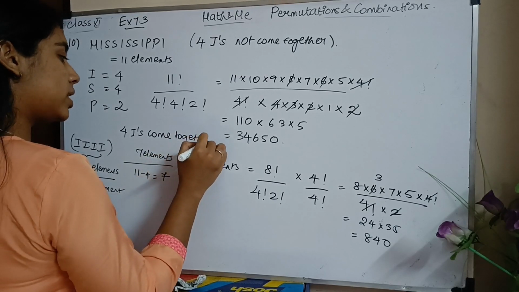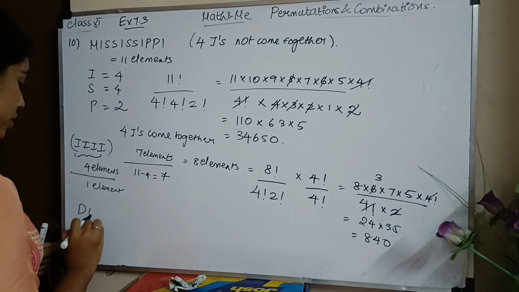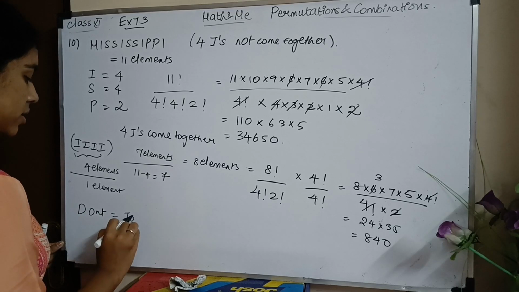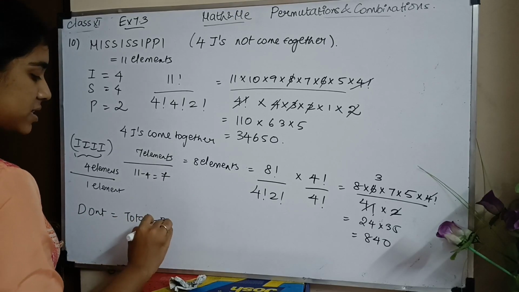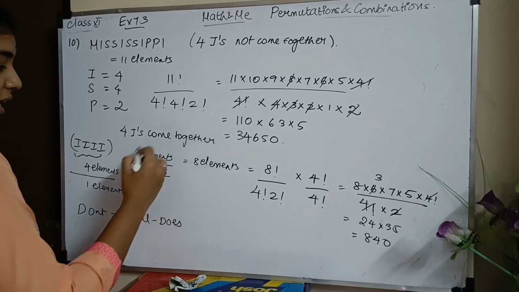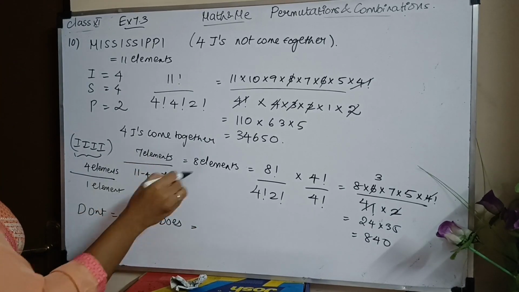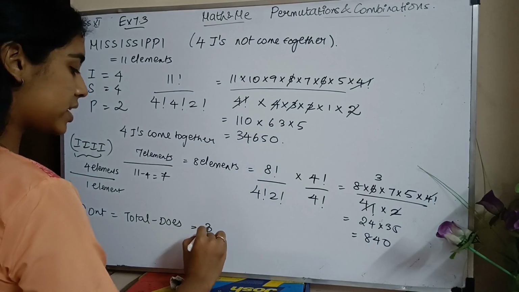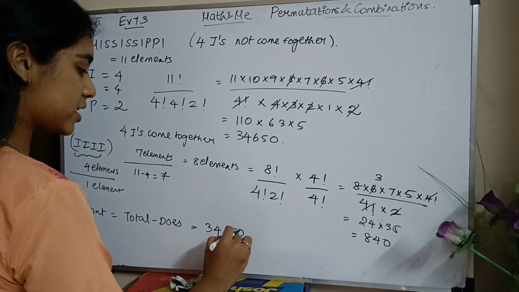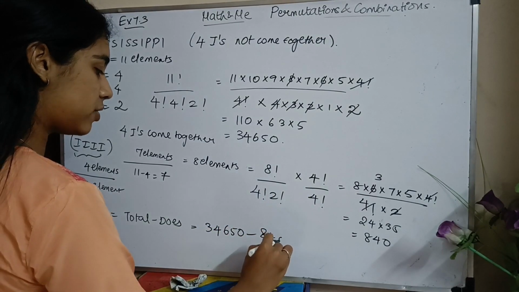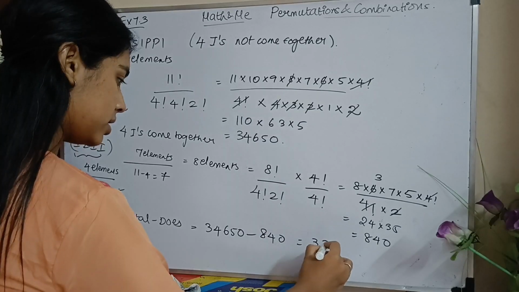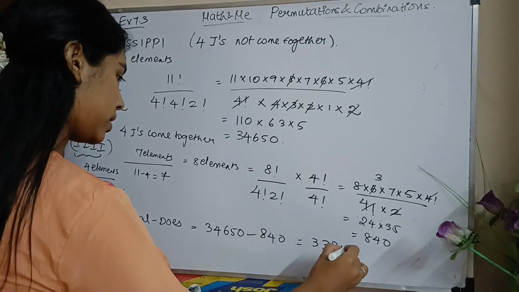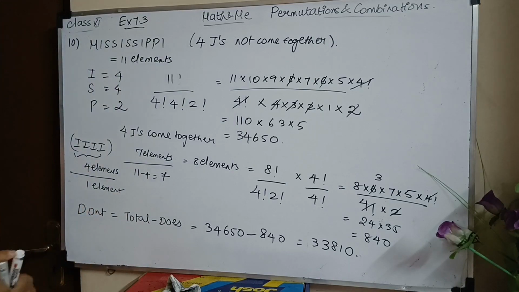So what if they don't come together? Don't equals total minus does. Total minus the ways the 4 I's come together will be the 4 I's not coming together. So what is my total? 34650 minus 840. So I have 33810.